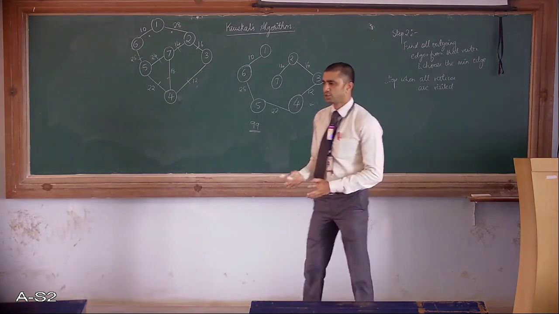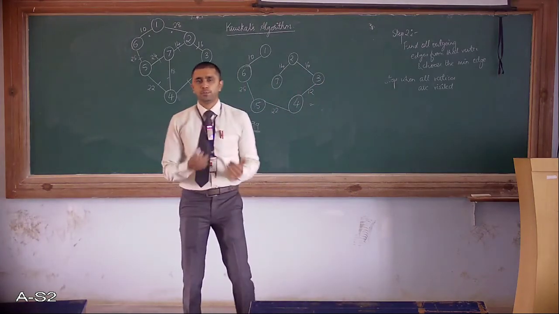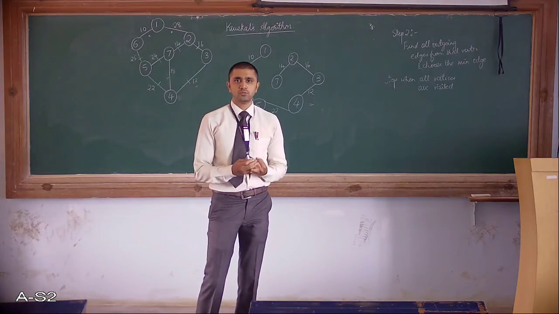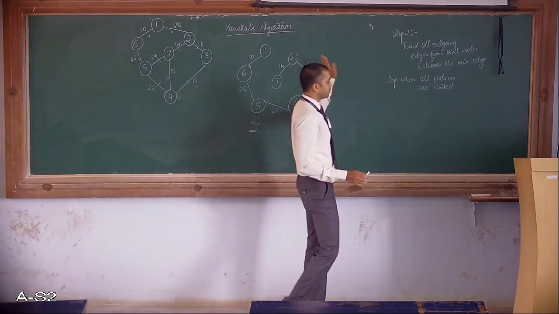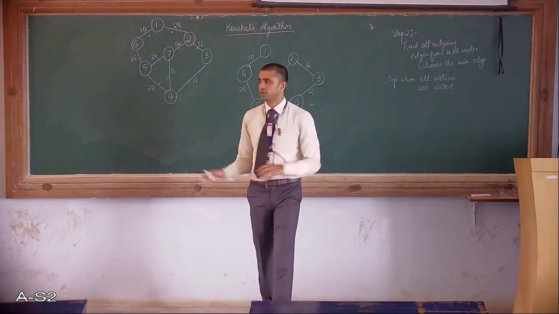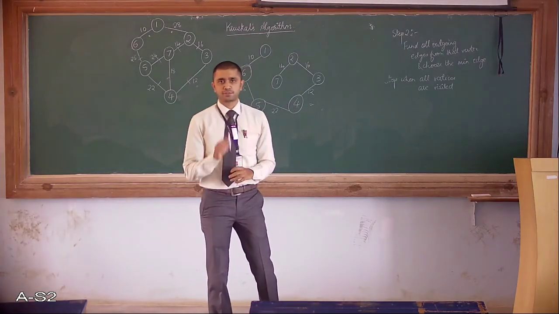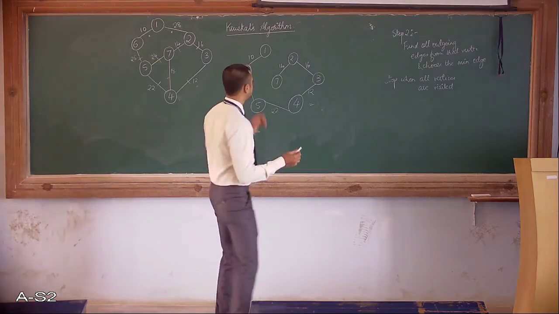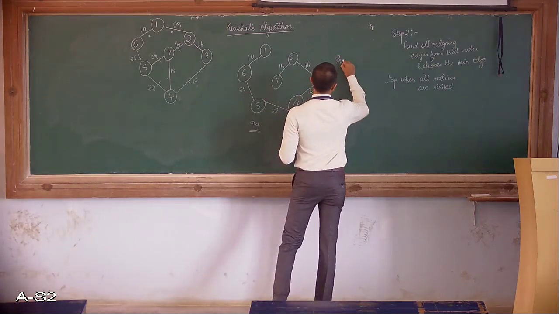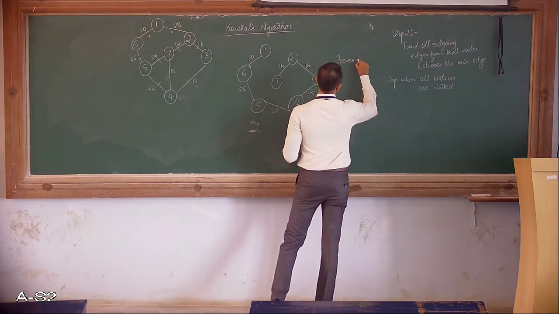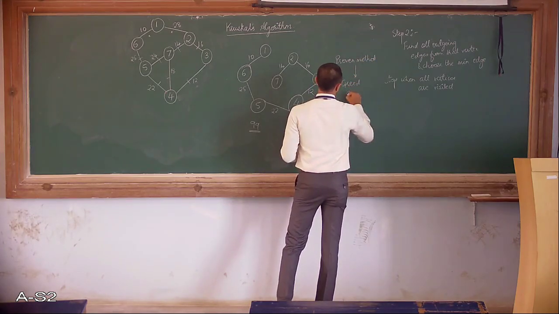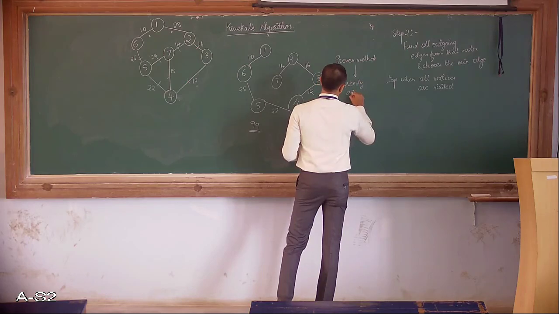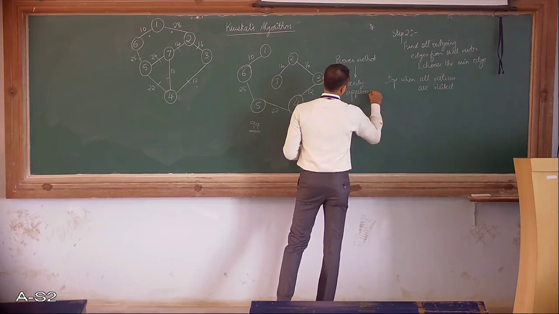So I have shown you how Prim's and Kruskal's algorithms work. What is the technique that these people have employed in finding the minimum cost spanning tree? This proven method used to solve the problem is a greedy approach.